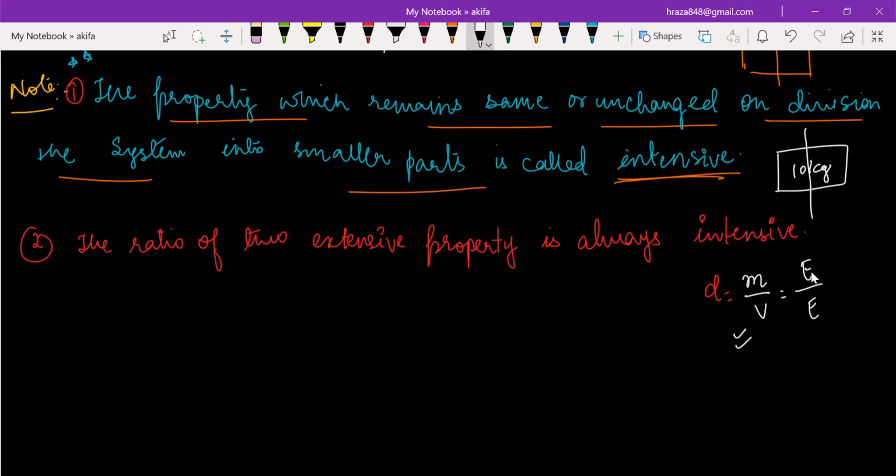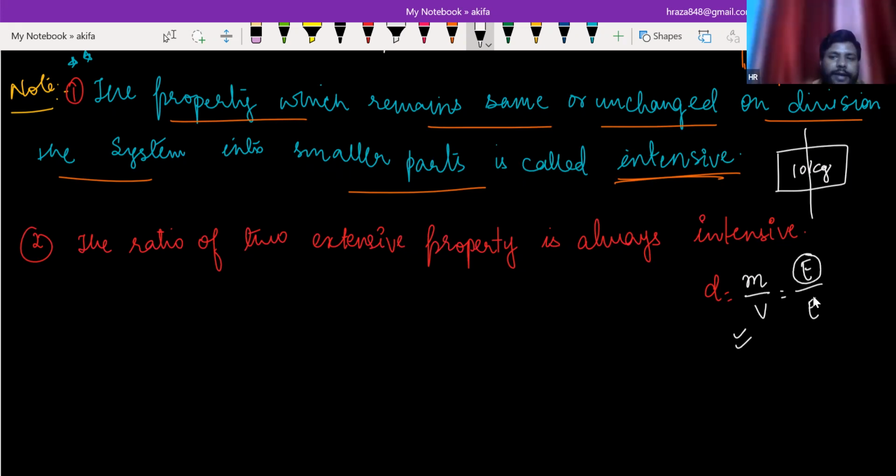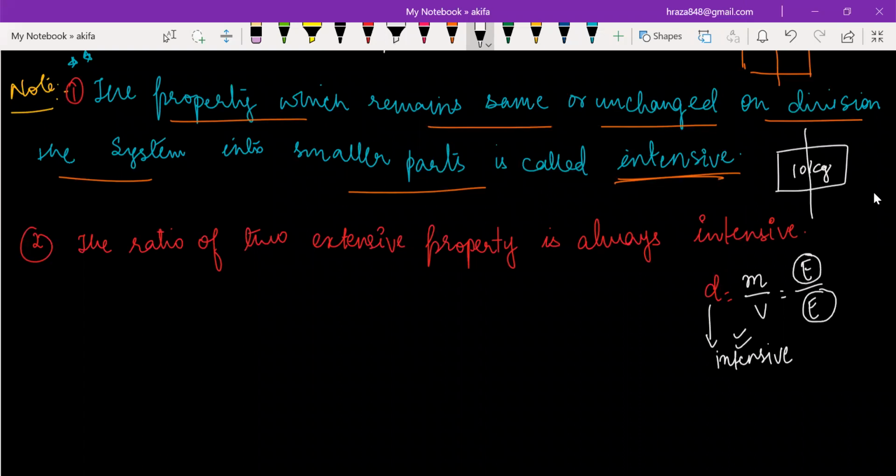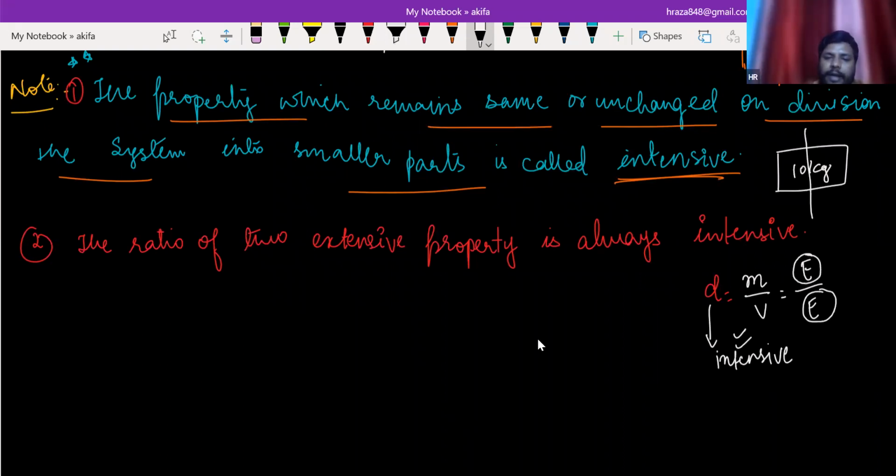Extensive. So the ratio of two extensive properties will always be intensive, or not? Yes. Why is it so? If you have a density of 100 gram per 100 ml, you know that density is directly proportional to mass and inversely proportional to volume.